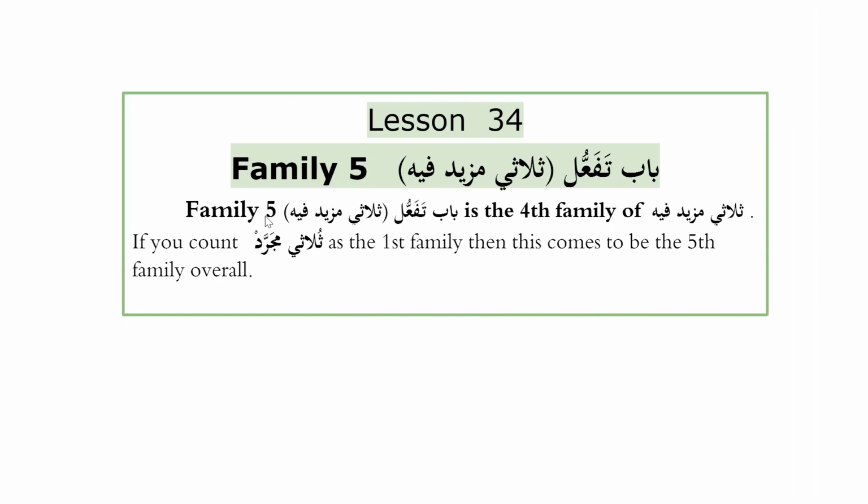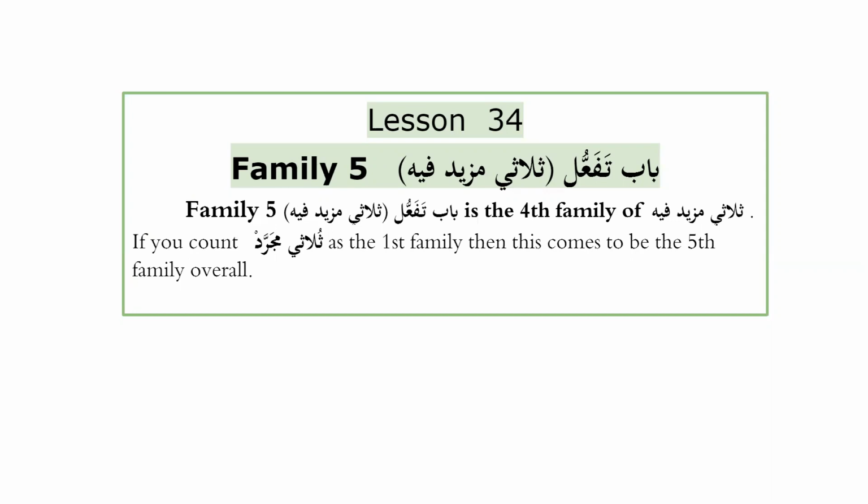We call it family 5 because family 1 is the Sulasi Mujarrad. Sulasi Mujarrad is when there's no extra letter in Fi'l Madi and other sighat. Sulasi Mujarrad is the first family, and from 2nd to 10 we have Sulasi Mazid Fihi.